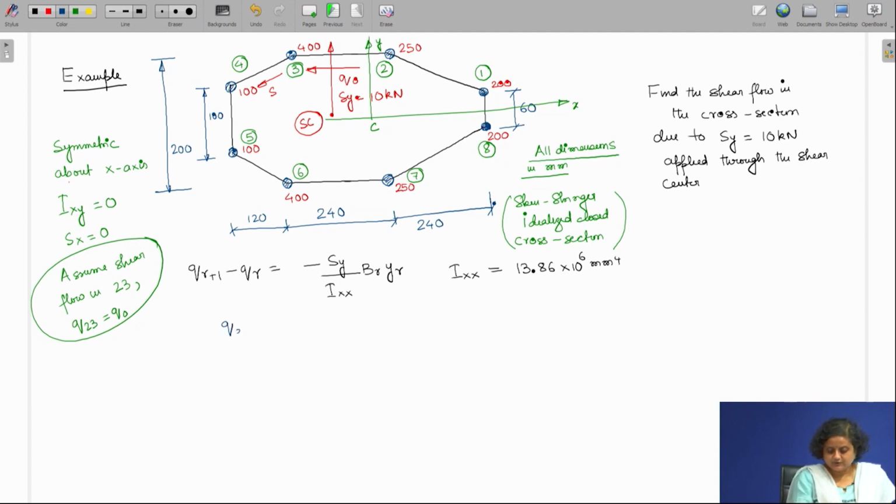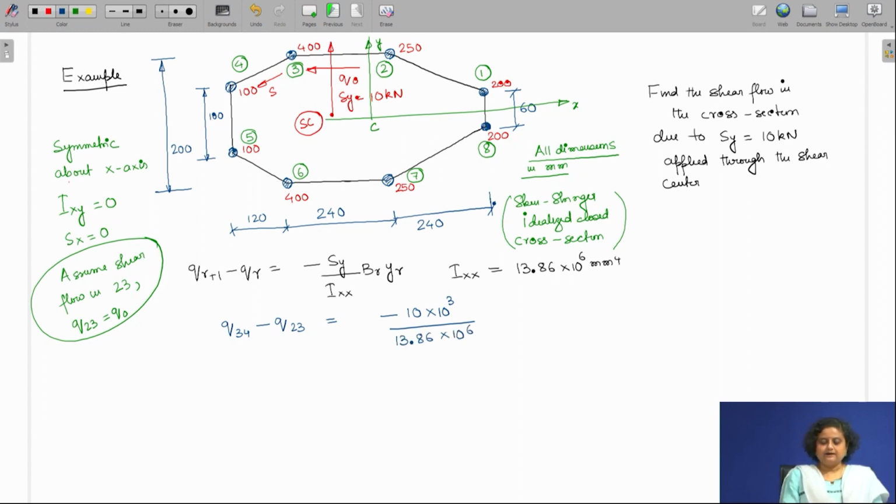Now Q34 minus Q23 therefore is going to be minus 10 into 10 to the power 3 by Ixx, which is 13.86.